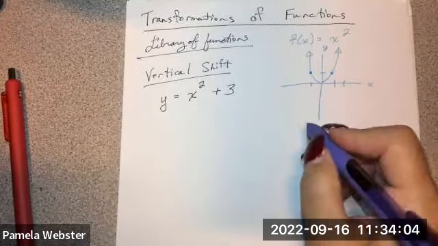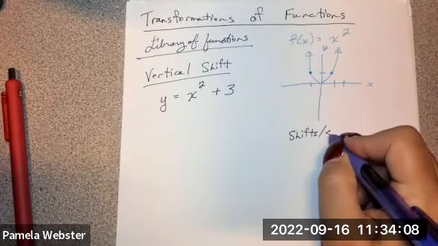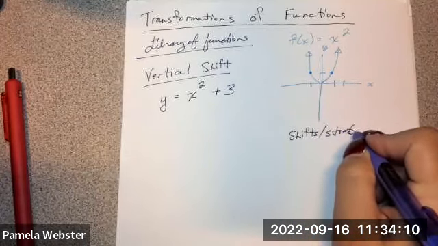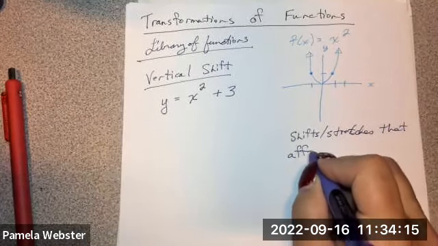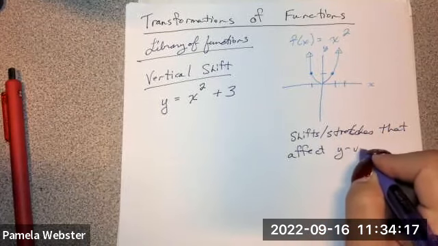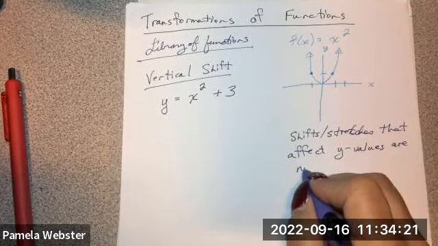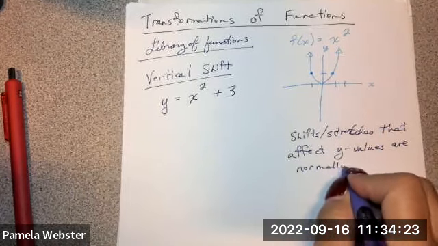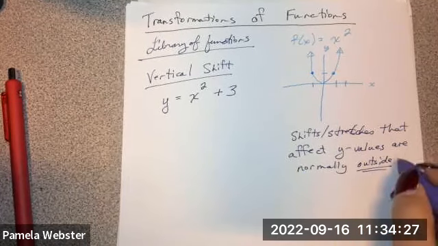So shifts and stretches is what we call them that affect your Y values, which is vertical, are normally outside the function. That's where they happen, okay?